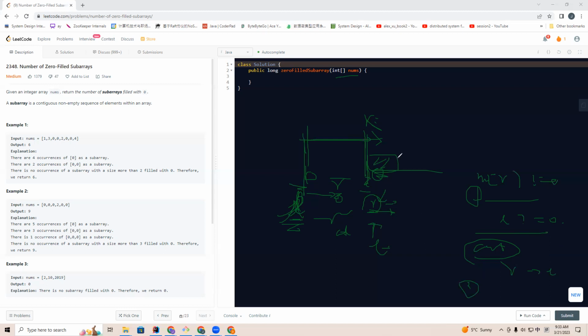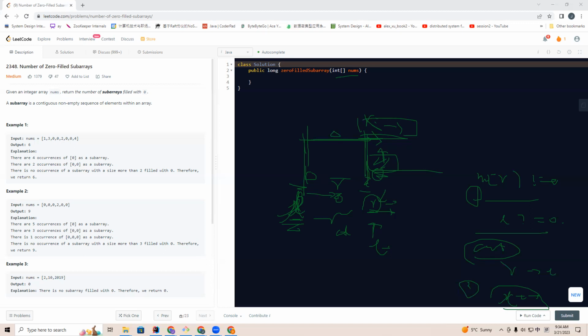The second scenario is that the left is already at the same position as the right. If nums[right] is not 0 and nums[left] is not 0, we just move left the same step as right. So in the end, we just count the contributions of each range of consecutive 0s.